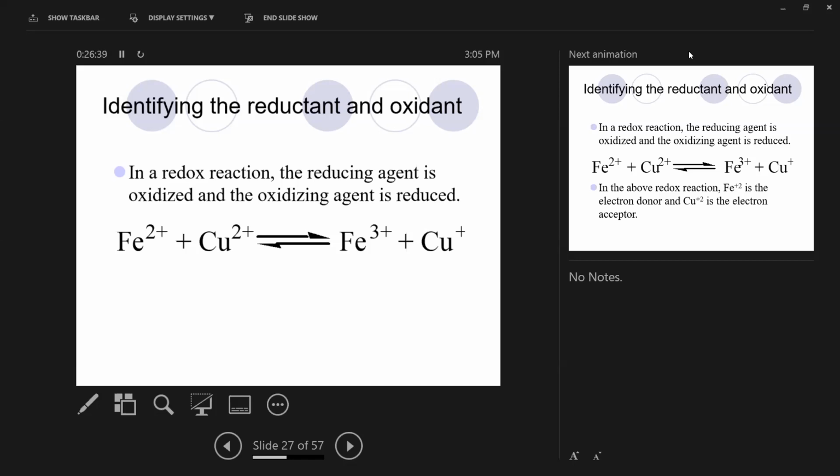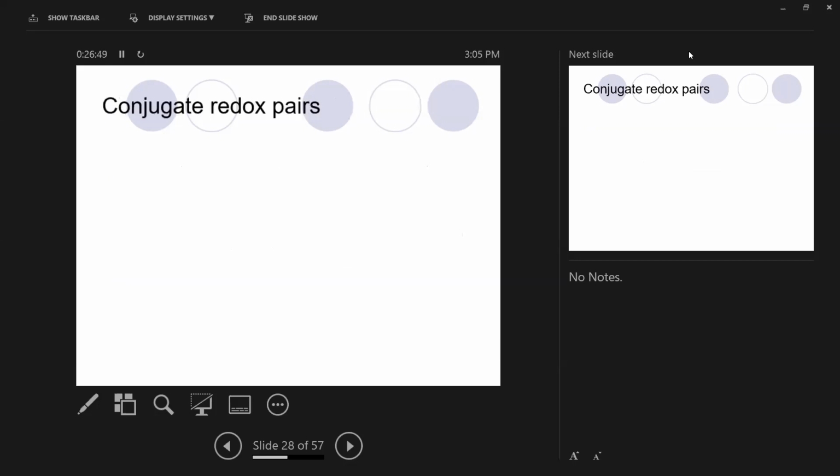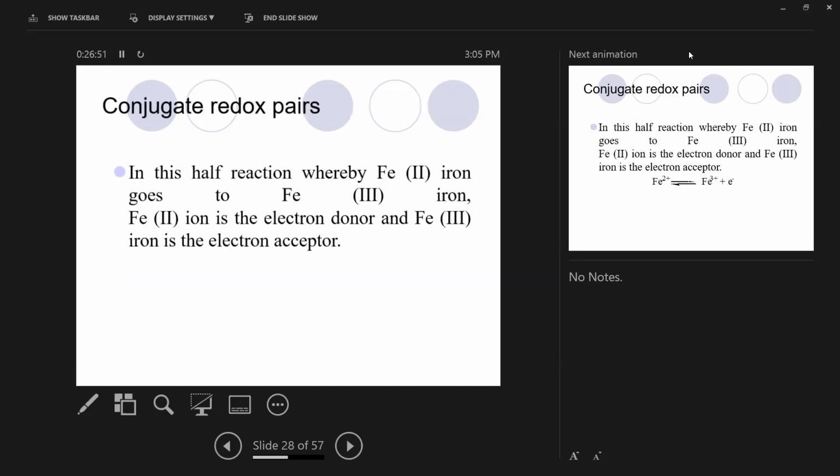So that would be the oxidizing agent or the oxidant, excuse me. Very good. So these half reactions essentially show you who is the donor, who's the acceptor, who is the oxidizing agent, who's the reducing agent, and so on.